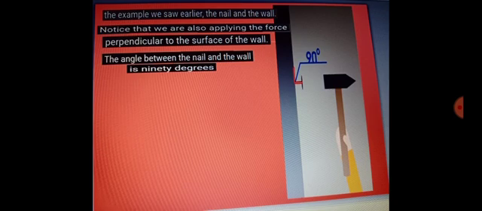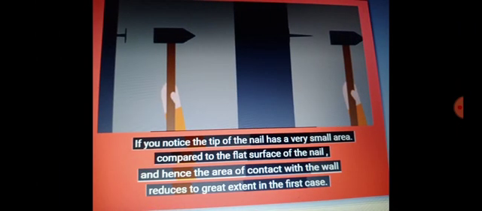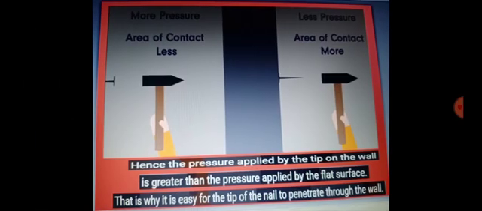The angle between the nail and the wall is 90 degrees. If you notice, the tip of the nail has a very small area compared to the flat surface of the nail, and hence the area of contact with the wall reduces to a great extent in the first case. So you can see in the picture, area of contact is less, pressure is more.